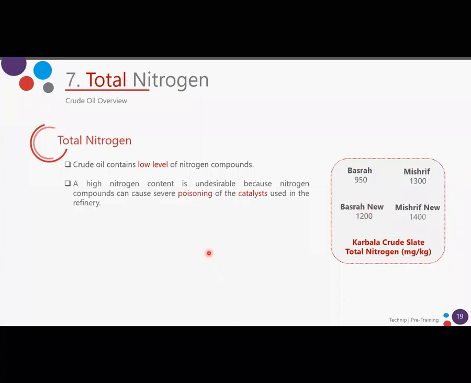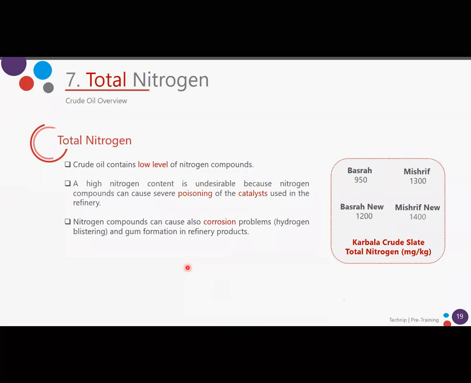A high nitrogen content is undesirable because nitrogen compounds can cause severe poisoning of the catalyst used in the refinery. You have seen that catalysts are referred to in all these processes because we have a lot of catalysts in the refinery and they are quite expensive, so we have to take care of them.